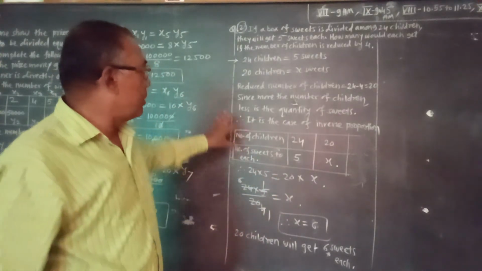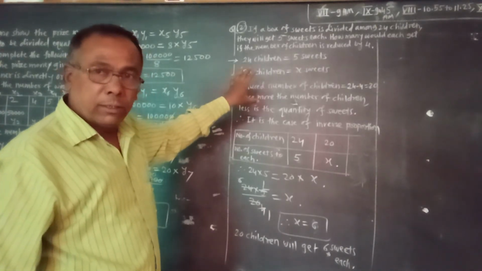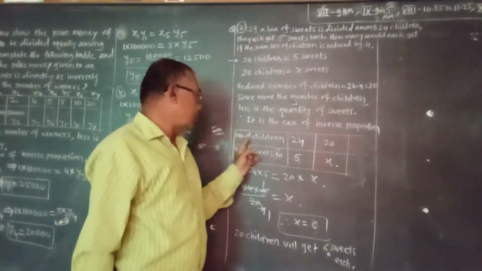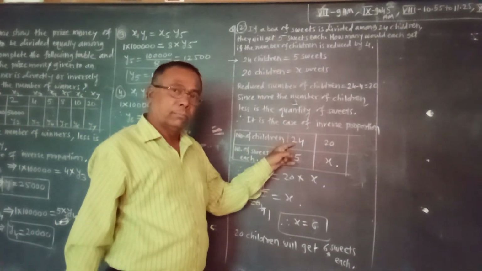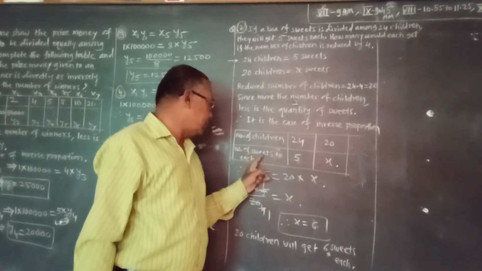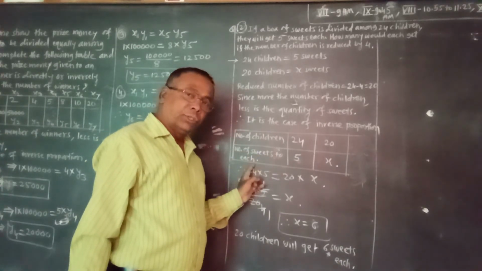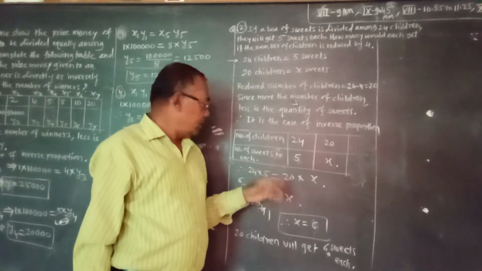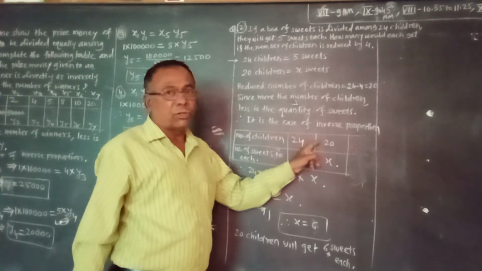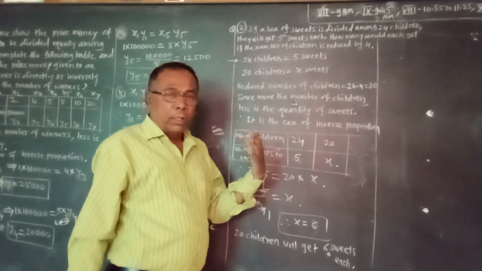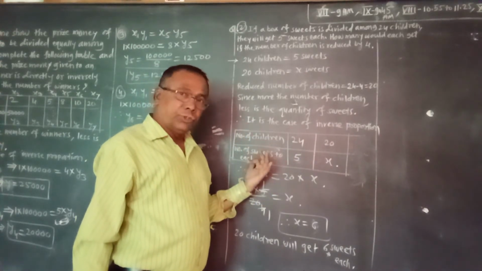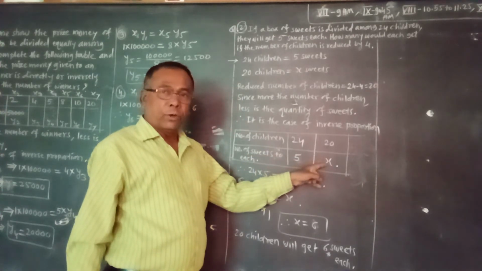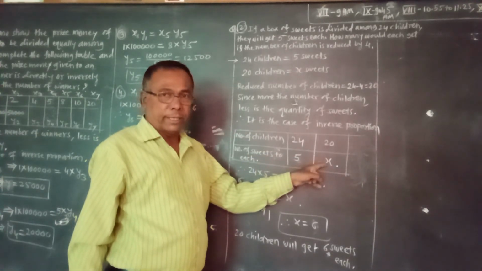Now we write the given information in tabular form. Number of children are 24 and number of sweets to each child is 5. Now it is asked that if the number of children is 20, how many sweets will each child get? We consider x sweets.